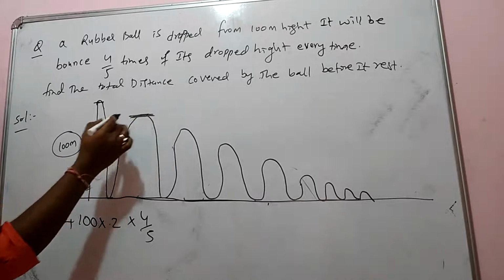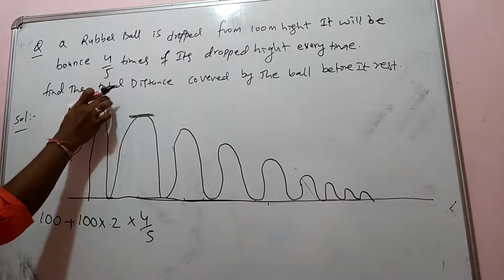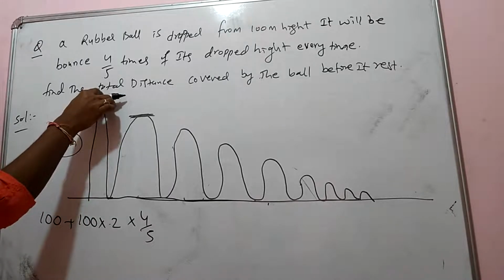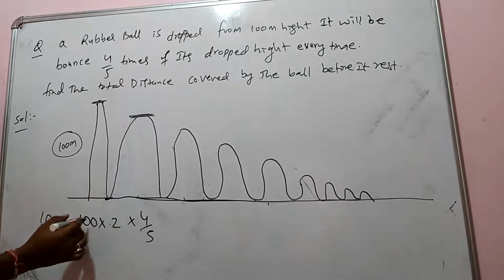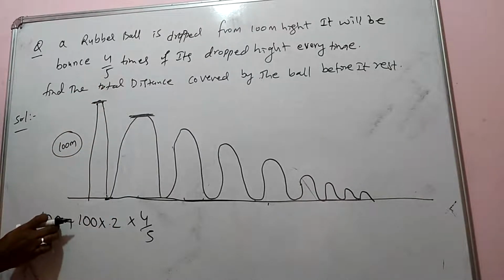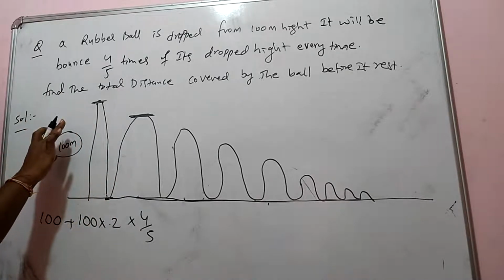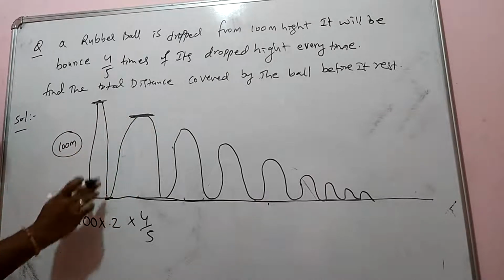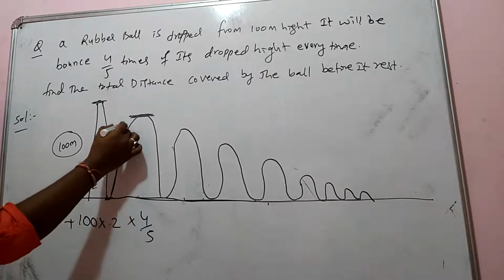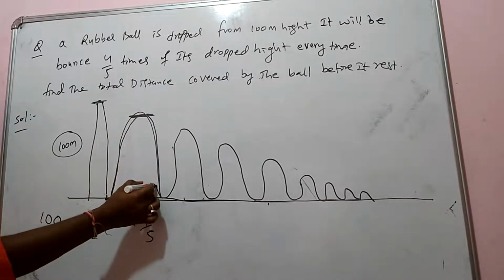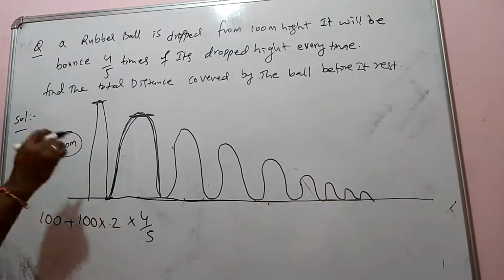When I am on the top of a 100 meters building, I drop the ball, and it reaches the ground. This is 100 meters. And when it bounces, it bounces 4/5 times of the 100. It goes up and comes down, which means it is covered twice. This 4/5 times is covered twice. That is the meaning you need to know.